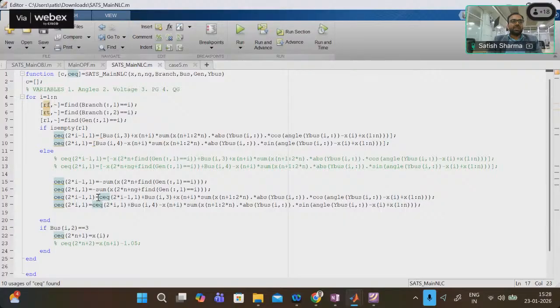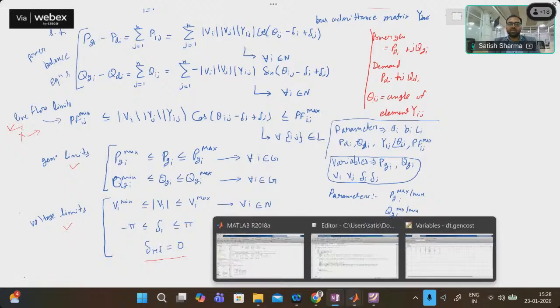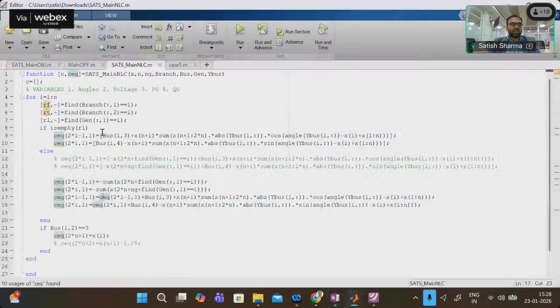Then I will again write the same equation, where I have to put Pij, and Pij is what? Summation over j from 1 to n of Vi Vj Yij and cosine of theta ij minus delta i plus delta j. So everything is written like this.